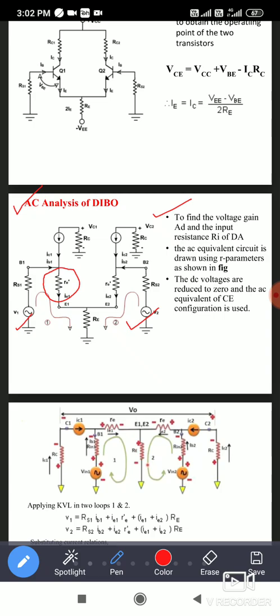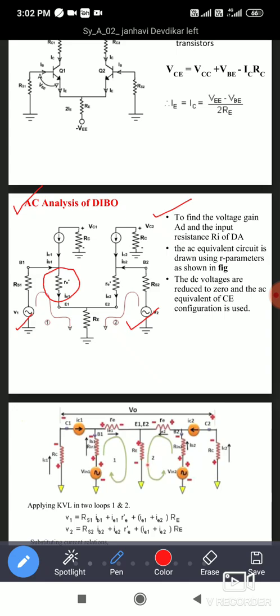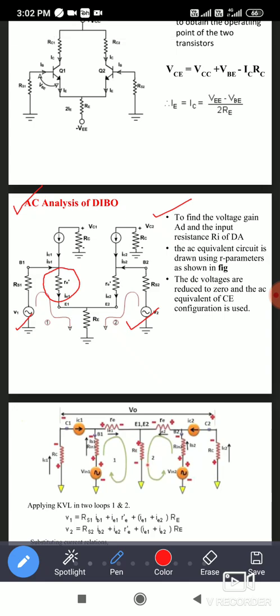A big derivation is needed for these two expressions. So in the next lecture, we will focus on how to find the expressions of voltage gain AD and input resistance Ri, so that we can complete the AC analysis.